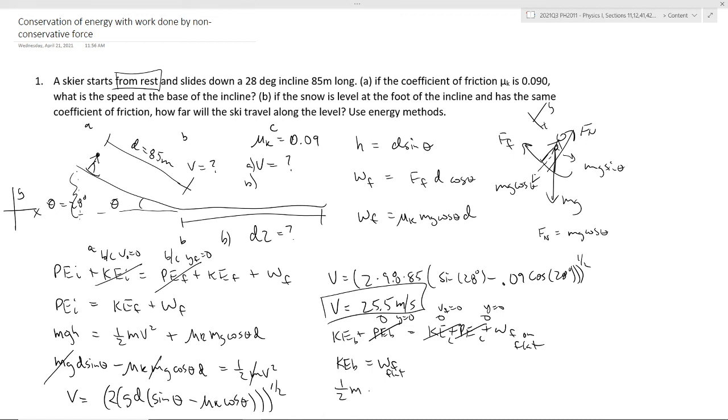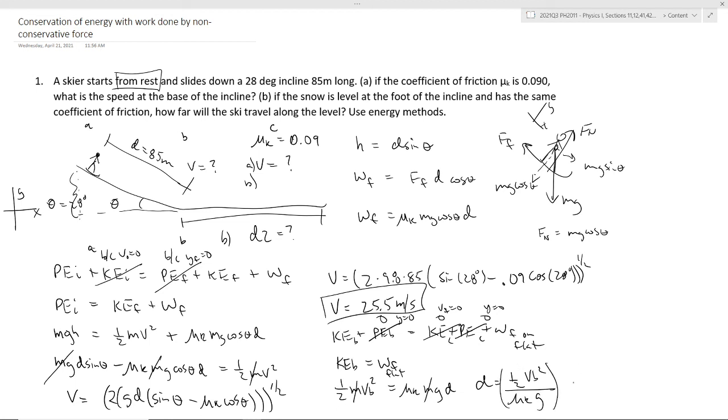We would have 1/2 m vb squared is going to equal mu k times mg, so that's the force of friction, times the distance. And notice again the mass would drop out, and we would be left with, we're looking for d, we would just solve this for d. d would be 1/2 vb squared over mu k times g.